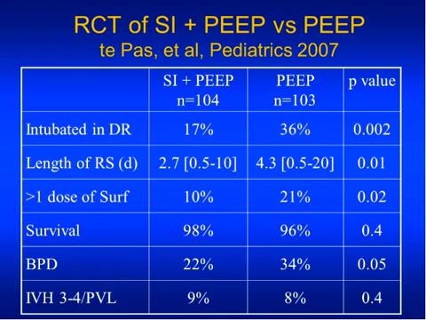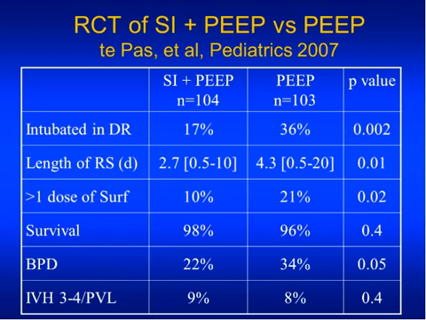This study by Ariane Tapas, published a few years back, showed that in the comparison that they made, which included some differences beyond just whether or not sustained inflation was given, clearly, the group that received sustained inflation followed by PEEP had a significantly lower rate of intubation in the delivery room, required shorter duration of respiratory support, less frequently needed more than 1 dose of surfactant.